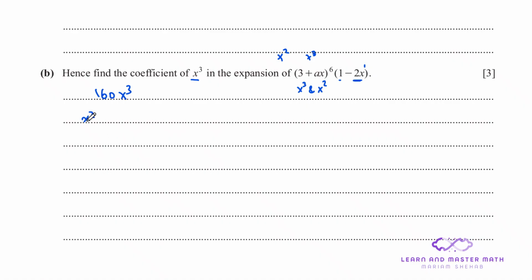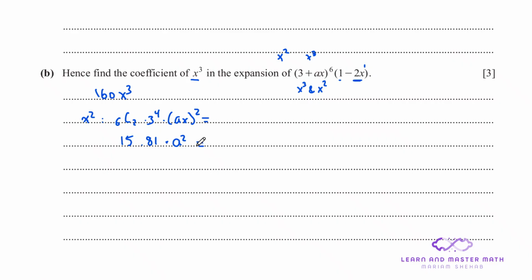So for x squared, we will find 6c2, 3 to the power of 4 times (ax) squared. 6c2 is equivalent to 15 times 3^4, which is 81, times a squared x squared.